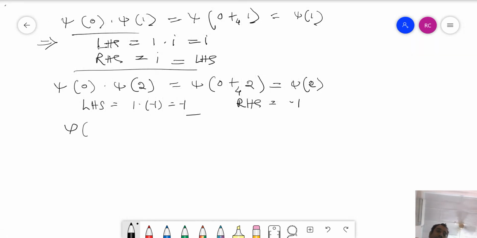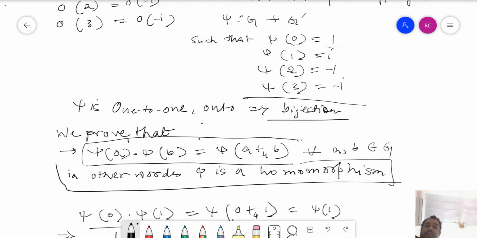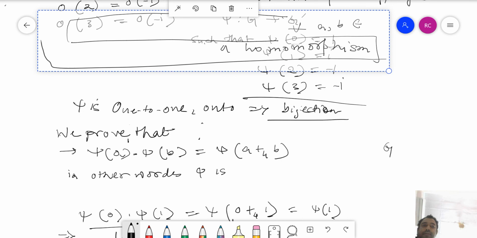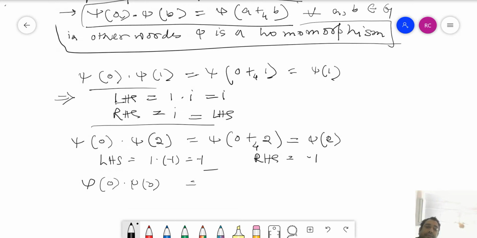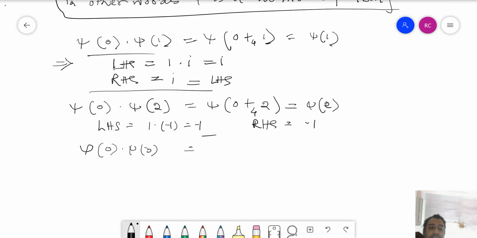Phi 0 into phi 3 would give us phi 3, which is minus i, and phi of 0 plus modulo 4 3 would give us phi 3, which would again be minus i.